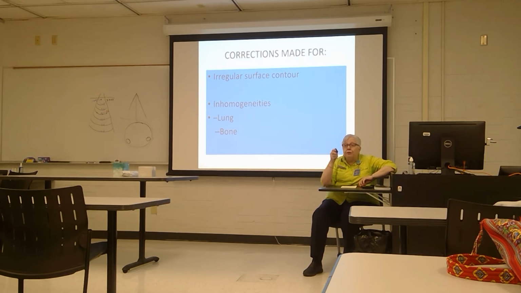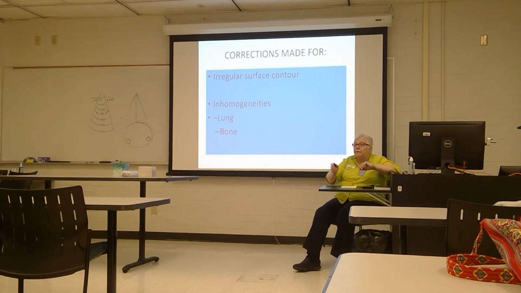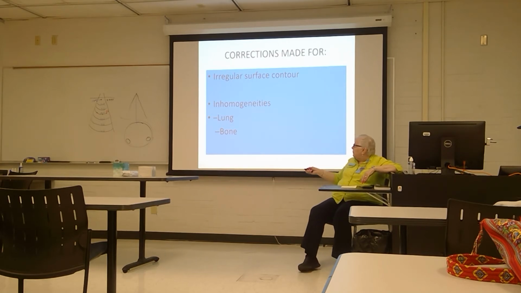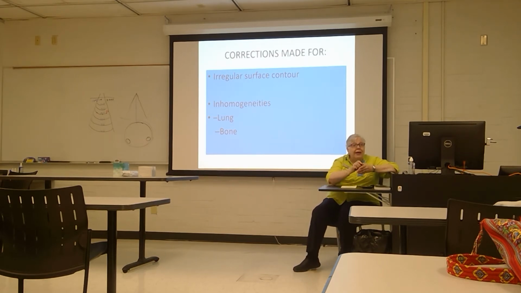If you're going through lung, what are you going through? It's not actually tissue. Air. And bone, obviously. So if you're going through a hip, for example, the majority of your field would be bone.